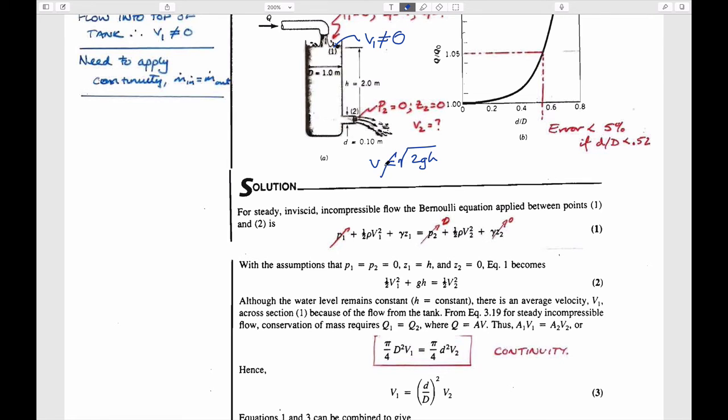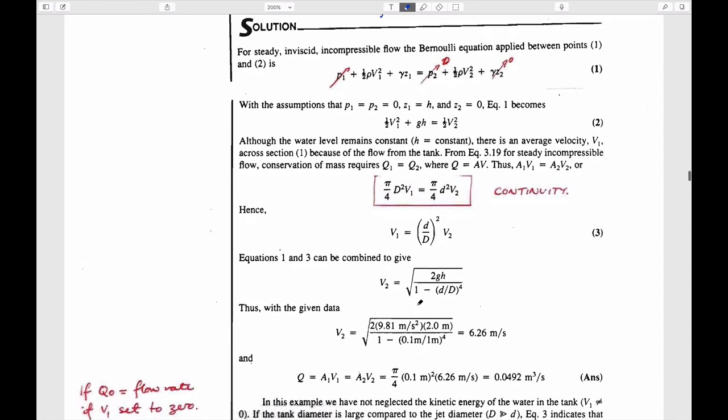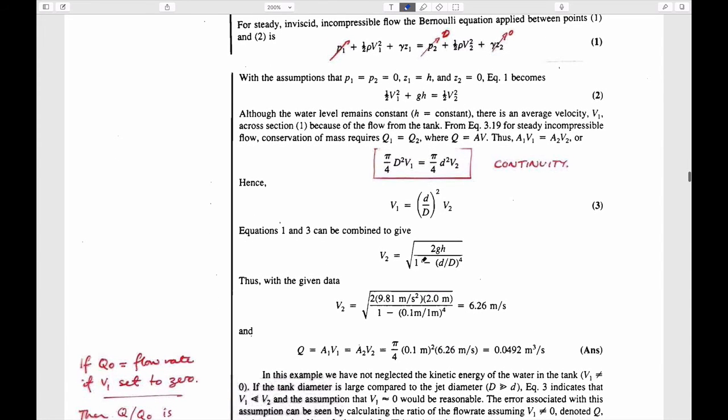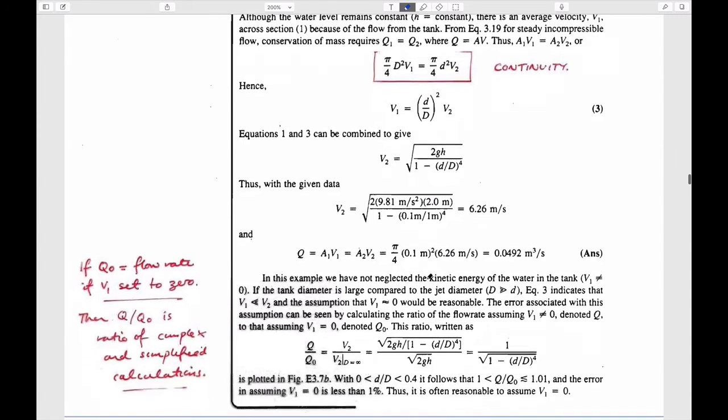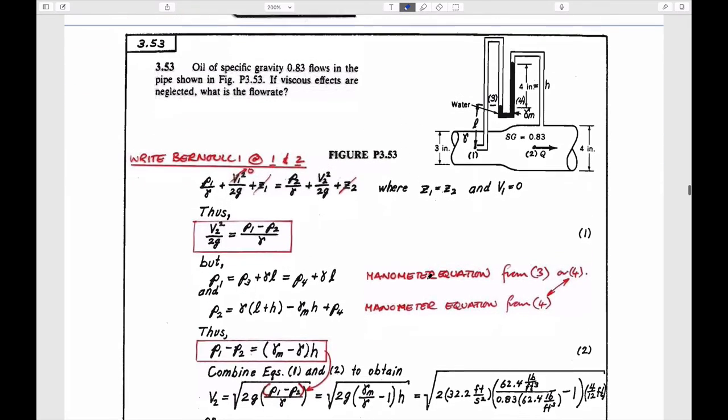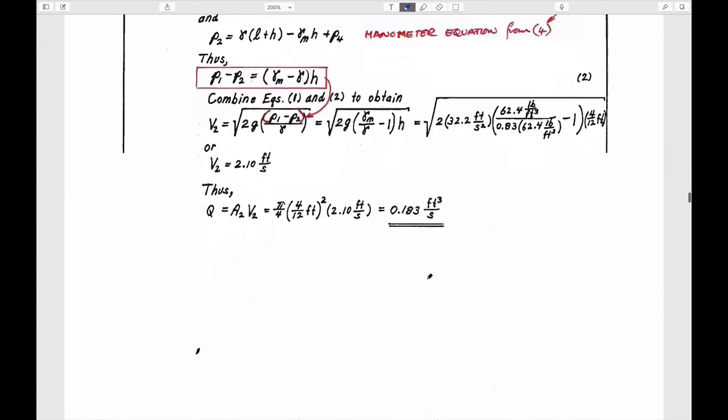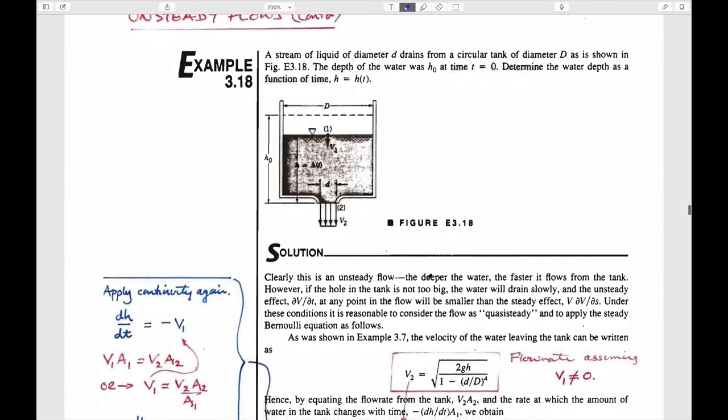You don't get this. It ends up being a slightly more complicated expression, which is 2gh with some term underneath it. And so I'll move through that quickly because I can. We've talked about a free jet.